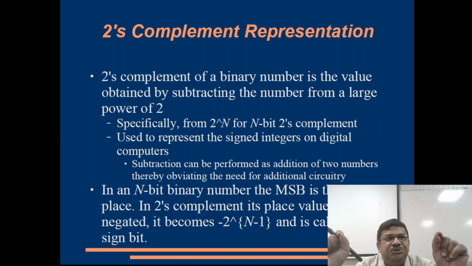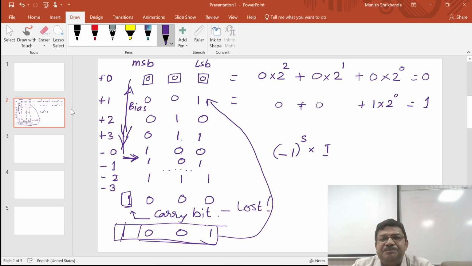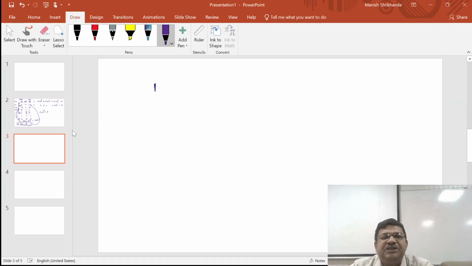So it is used to represent the signed integers on digital computers such that, let us say, I have certain bits, 3 bit. If this is a positive integer and this is its negative counterpart, addition of the two should be equal to 0, right?